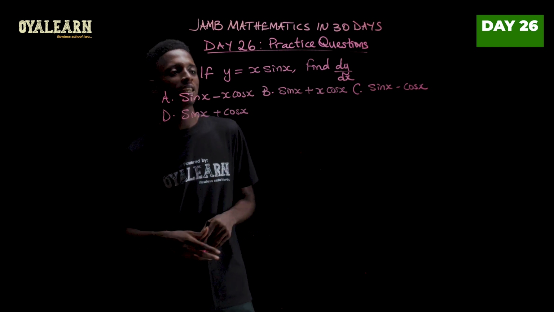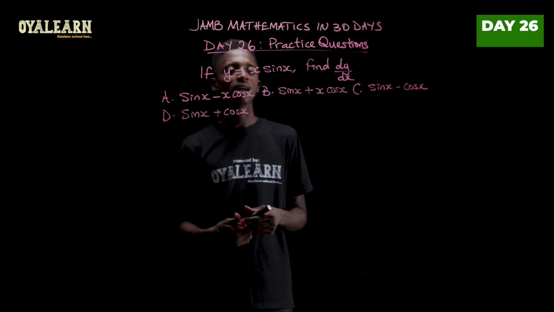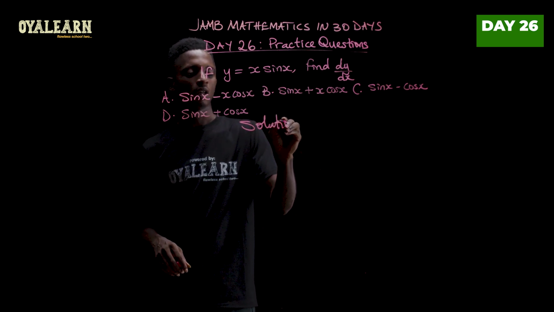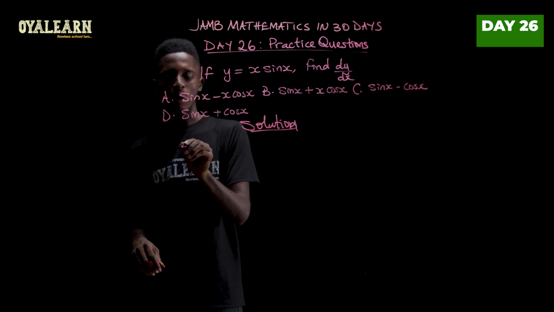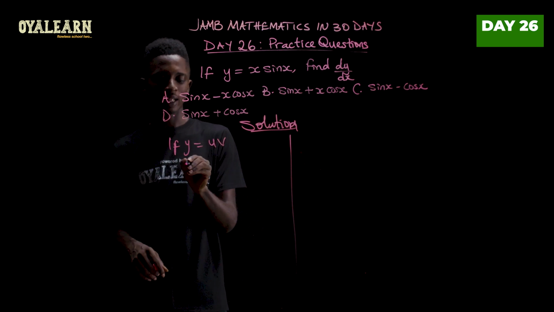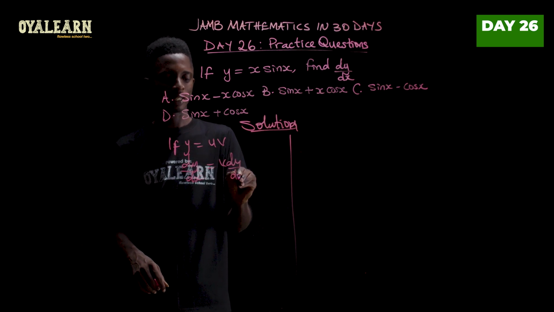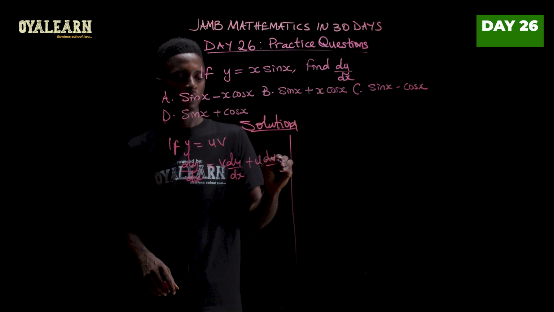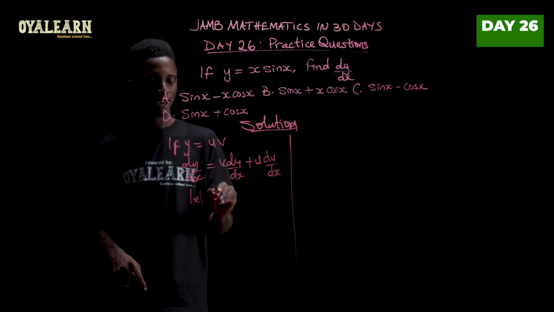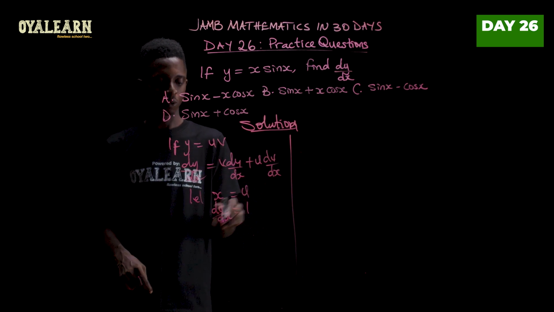If y equals x sine x, find dy/dx. So we see two functions here multiplying each other. So the rule we're going to apply is the product rule. And the product rule states that if y equals uv, then dy/dx equals v du/dx plus u dv/dx. So let's work with that. We say let x equal u, and then du/dx would be 1.